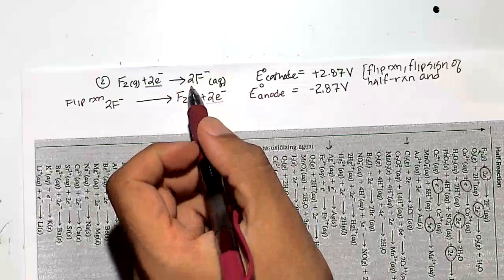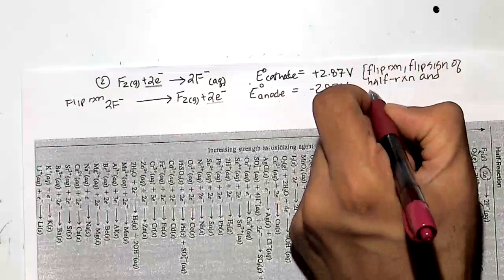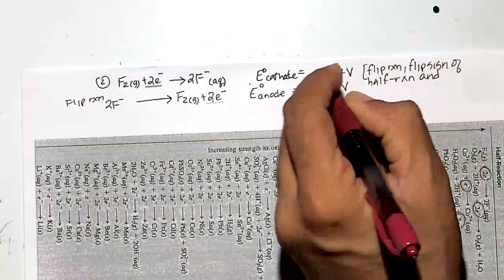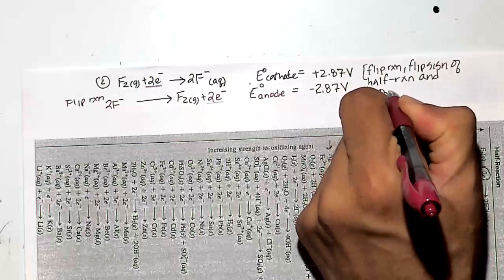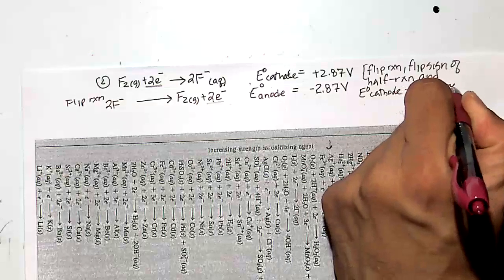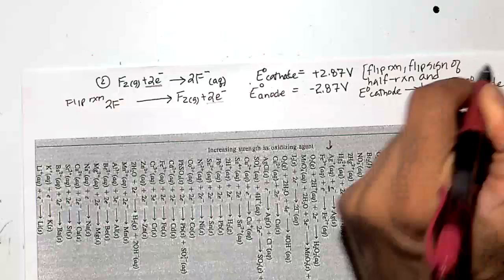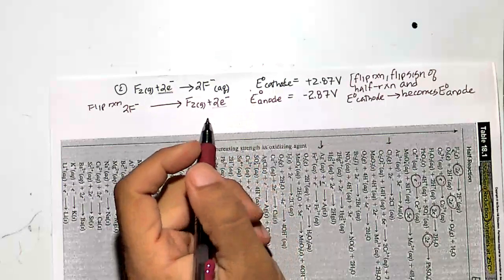And as you flip the sign, what was once reduction becomes what? Oxidation. So if you flip the sign, the cathode becomes the anode. All right.